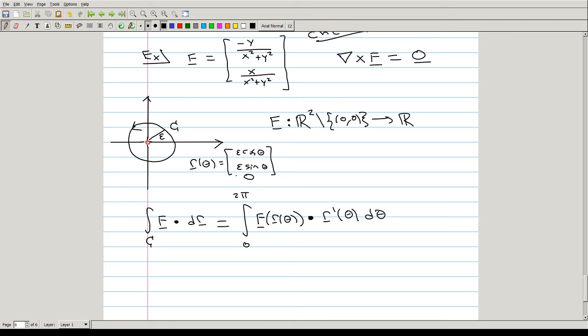If you want to think of this as in 3D with 0 here, because this is just a two-dimensional vector field, r prime of theta is going to be negative epsilon sine theta, epsilon cosine theta.